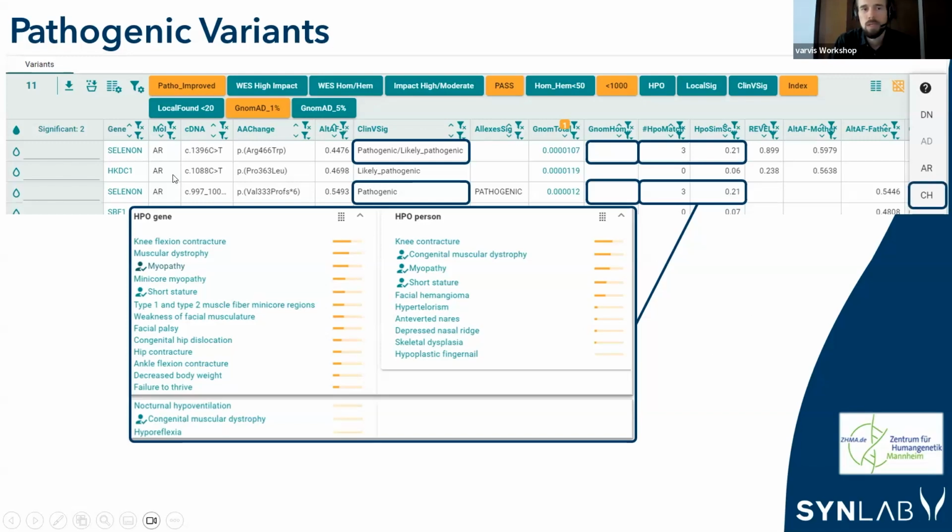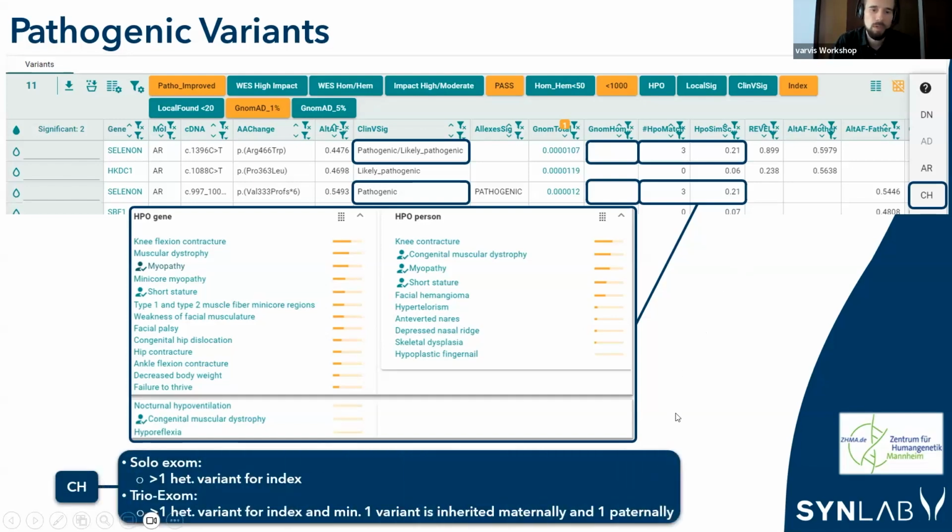And since there's a recessive inheritance described for this gene, obviously we wanted to know if those 2 variants were actually in trans constellation. Therefore, we used a compound heterozygosity filter provided by varvis, and for a solo exome, this will show you if there's more than 1 heterozygous variant in 1 gene, and for a trio exome, more than 1 heterozygous variant in the index, and of course, one of them should be maternally and the other one should be paternally inherited.